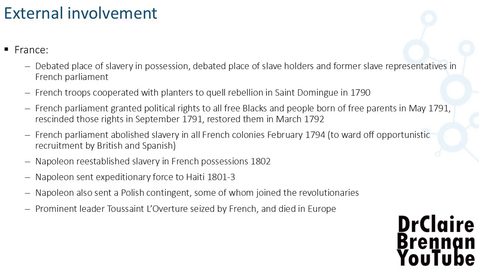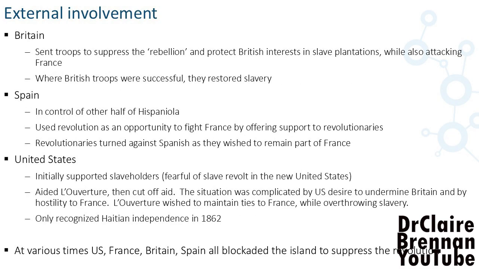Part of that French involvement is because of the involvement of its European rivals. Britain and Spain get involved, and again, it's a complicated involvement. At times they support the revolutionaries, at times they seek to re-establish slavery and the status quo, and that's because they are slave-holding societies. Britain has plantation colonies in the Caribbean, and it doesn't want revolution overthrowing slavery to spread to British possessions.